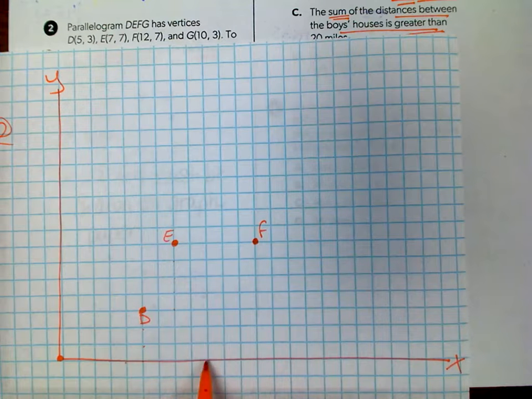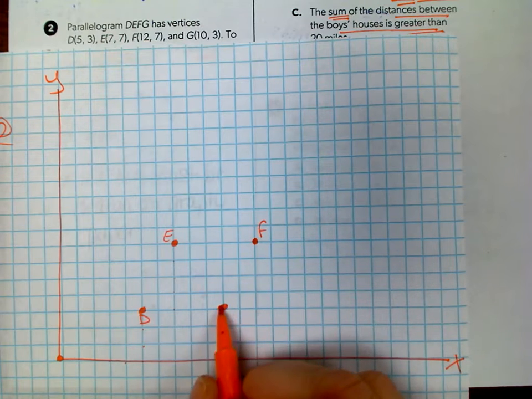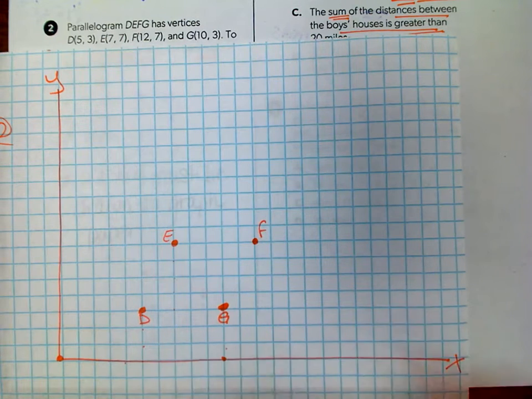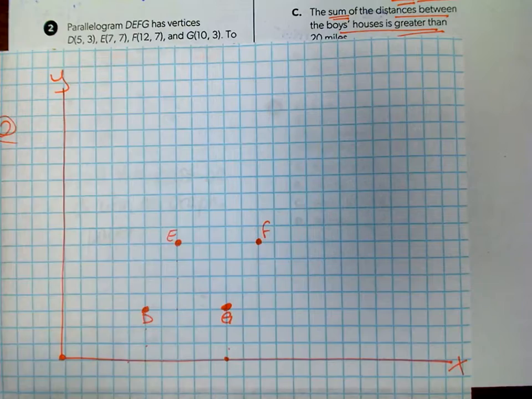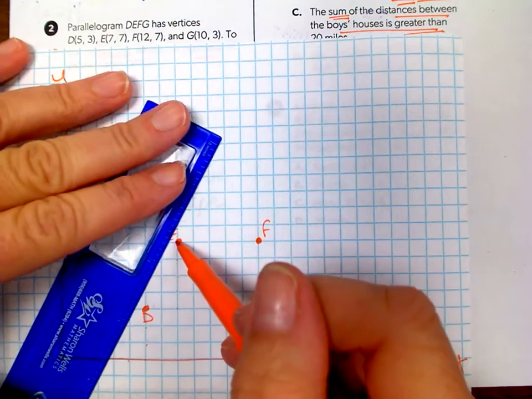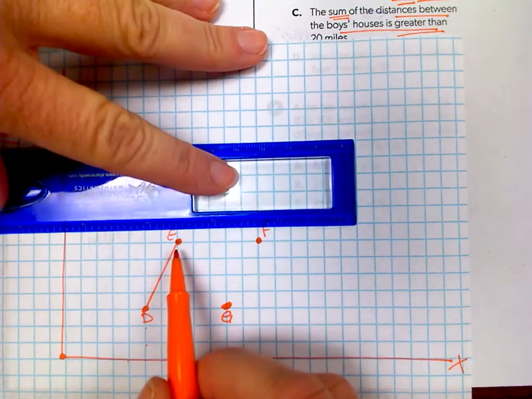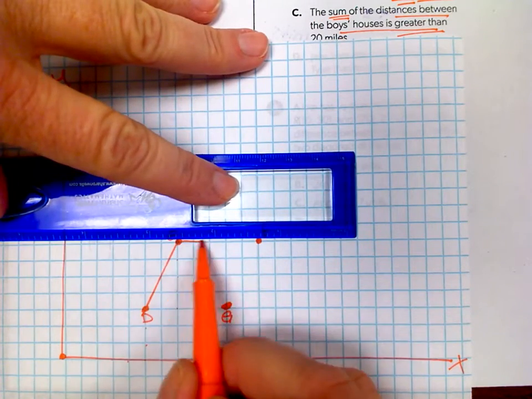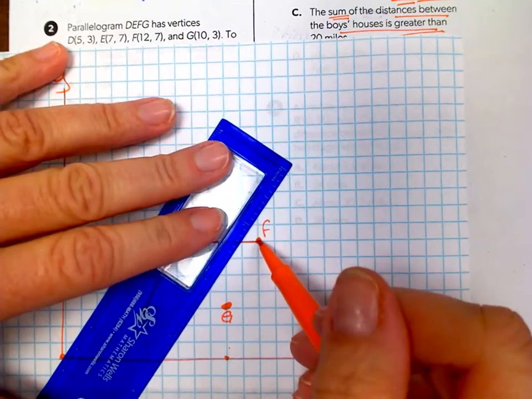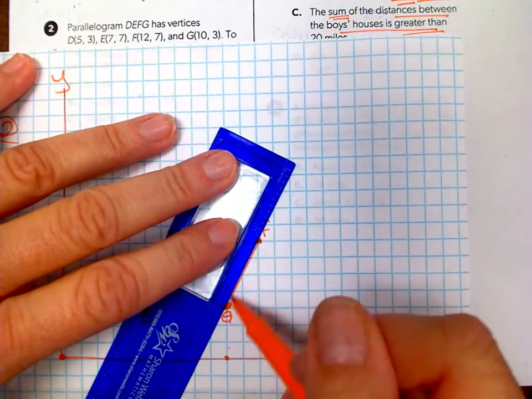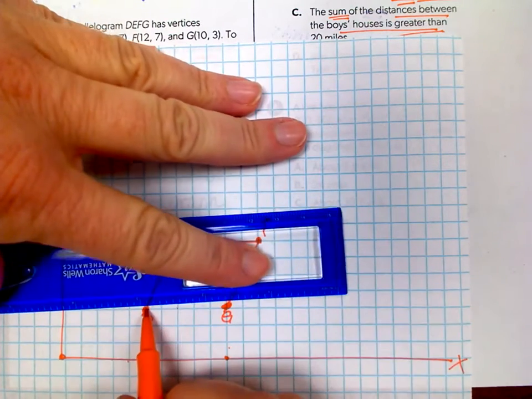So 10 and up 3. 1, 2, 3. And that is G. So there you have your parallelogram. Connect the sides, connect dots.